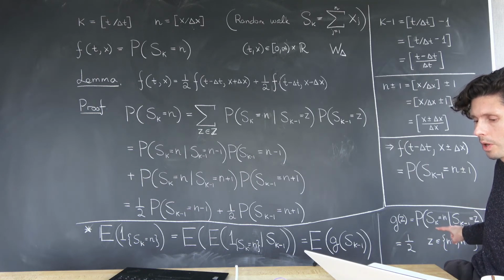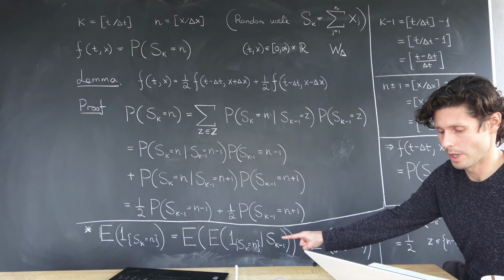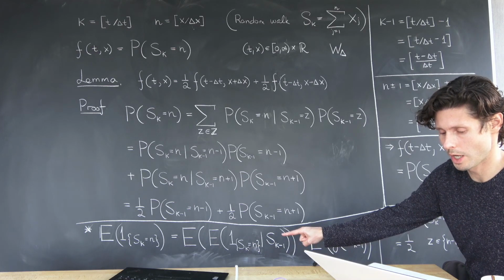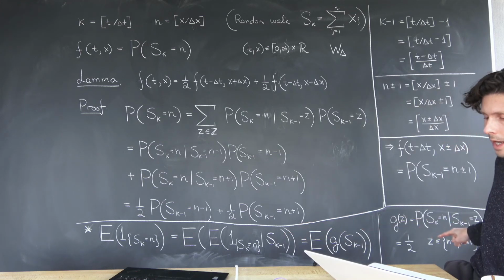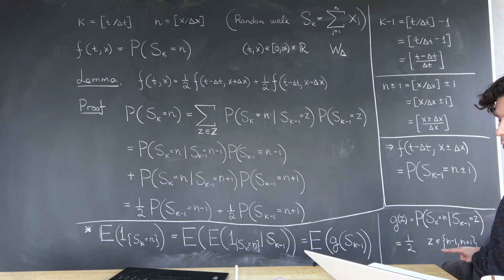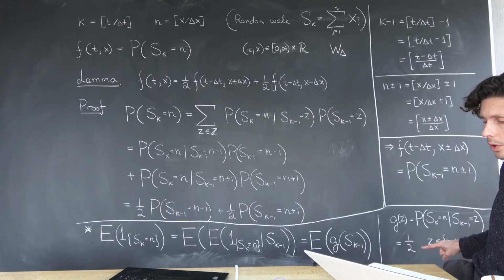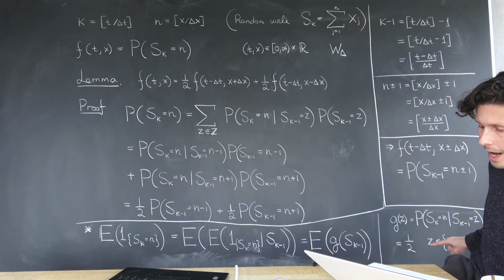This is the conditional probability of being in n at time k, given that on the previous step we were in state z, and z here represents the location of the chain at the previous time step. Clearly this is 1/2 whenever z is 1 away from the current state. The only way to get to n is either from state n minus 1 or n plus 1. And so when z is n minus 1 or n plus 1, the probability of going there is 1/2.